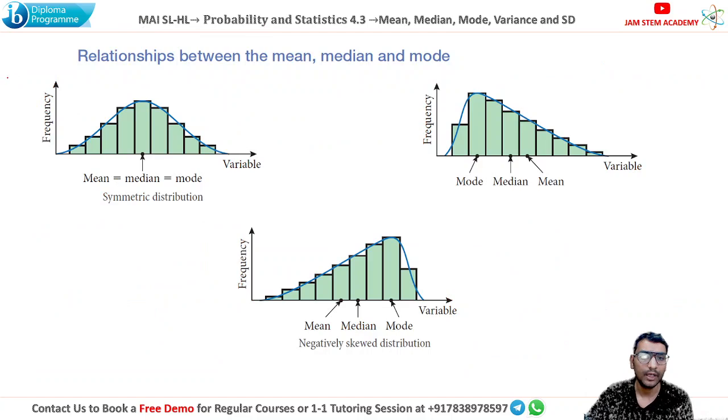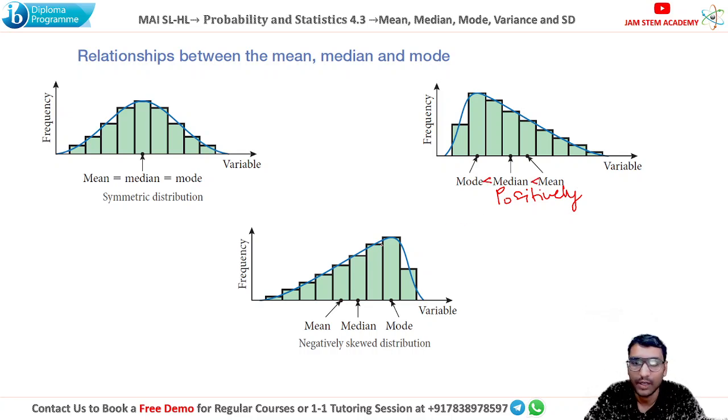Now there are three relations you can make between the mean, median and mode corresponding to the distribution. If the data is distributed symmetrically, like here, mean, median and mode will be almost the same. But if the data is positively skewed, like here, then the order is mode, then median, then mean, so you can make this inequality.